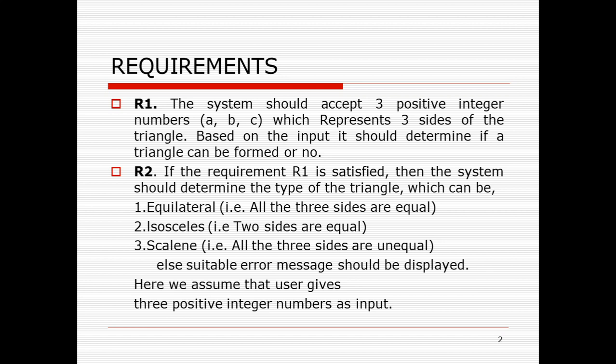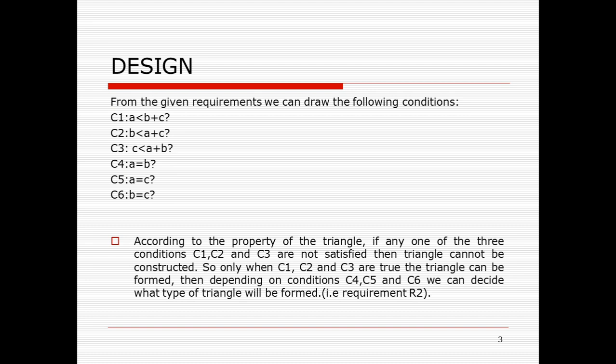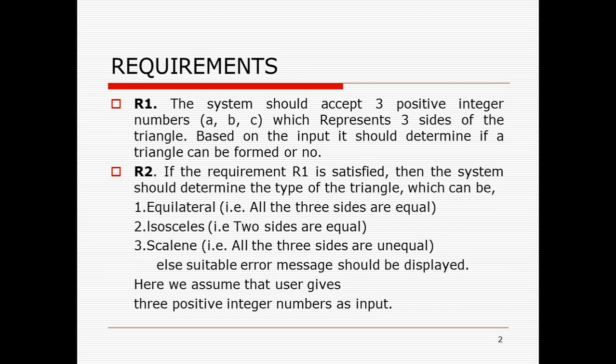What's an equilateral triangle? One where all three sides of the triangle are equal. Isosceles means only any two sides are equal. Scalene means none of the sides are equal to each other. If it violates this condition for each of these triangles, suppose in the equilateral case you give any side which is unequal to the others, then it will give an error message.